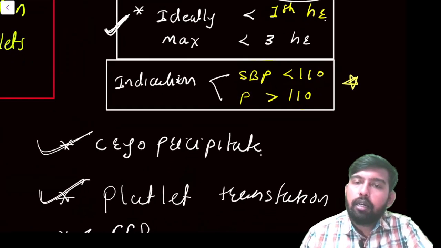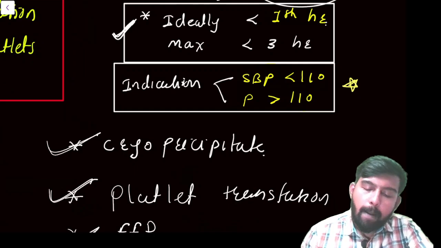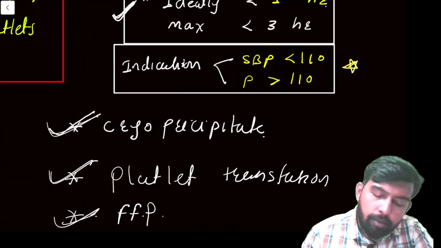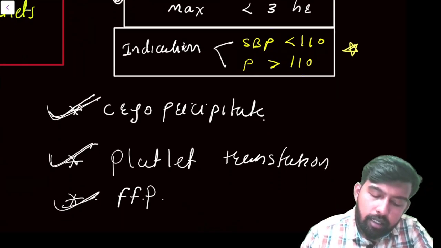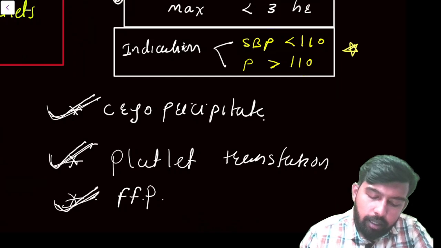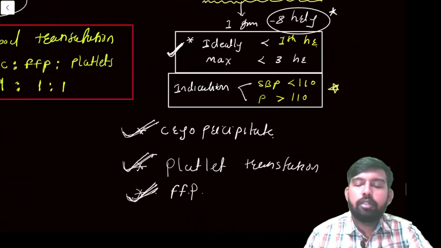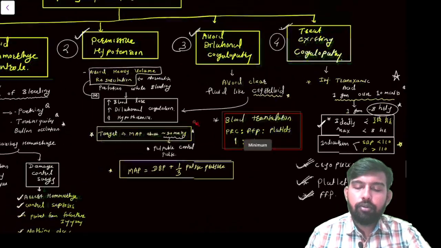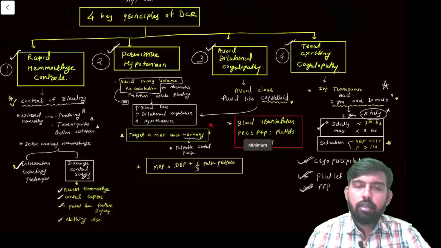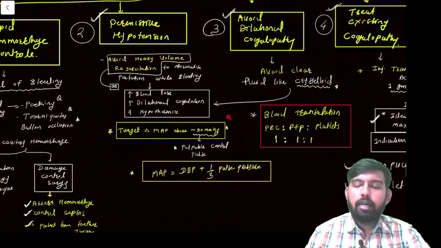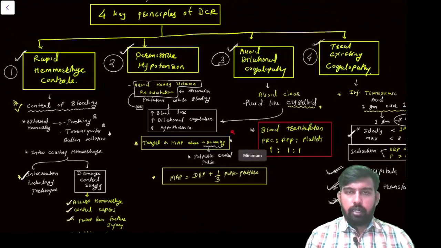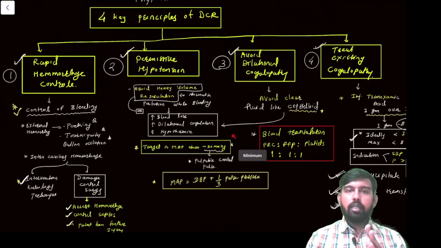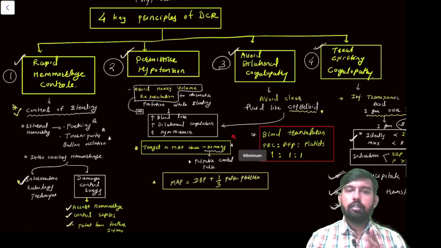Other components for the treatment of the existing coagulopathy are transfusion of cryoprecipitate, platelets and FFP. So this is the most important part in case of damage control resuscitation. Remember the 4 key principles of damage control resuscitation.